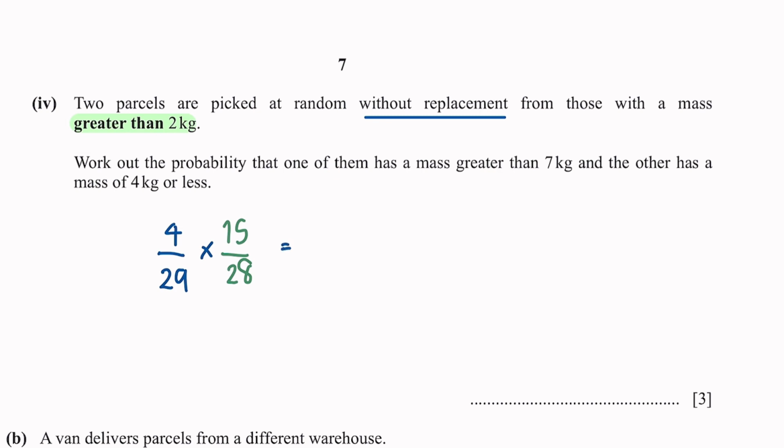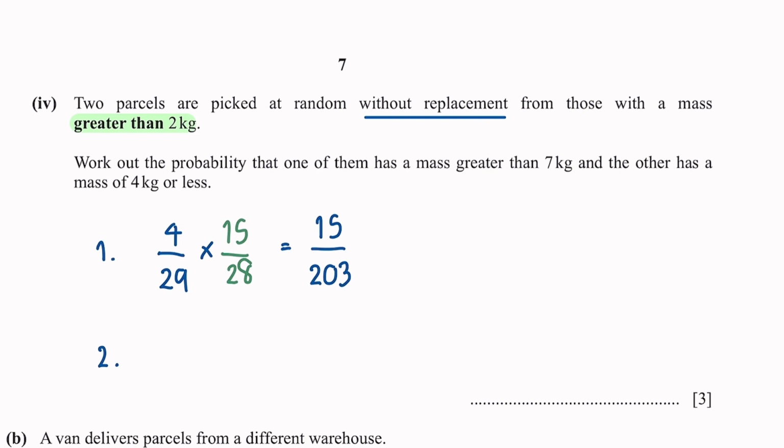Therefore, you will get 15 over 203. And then this is the first case, but there is also the second case that you pick the mass which has a mass of 4 kilograms or less first, and then pick a mass which is greater than 7 kilograms later.